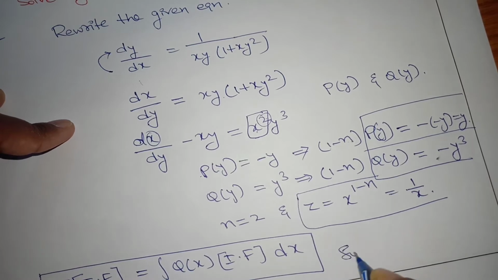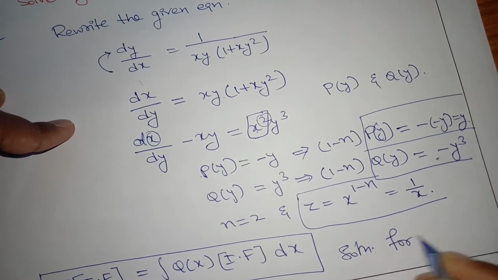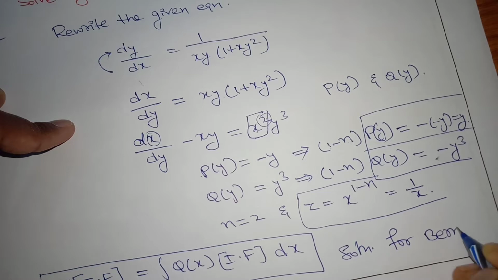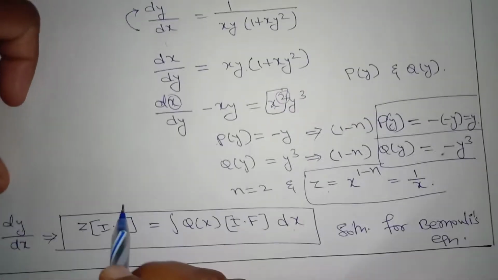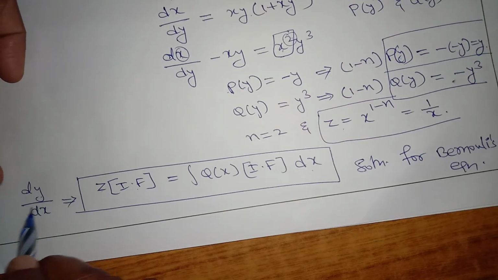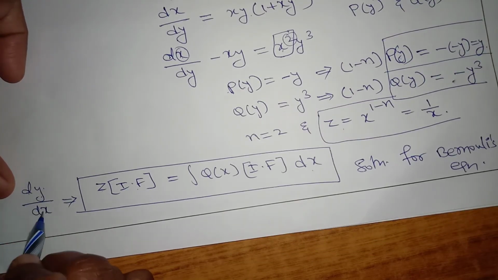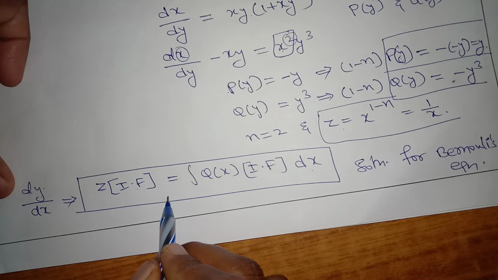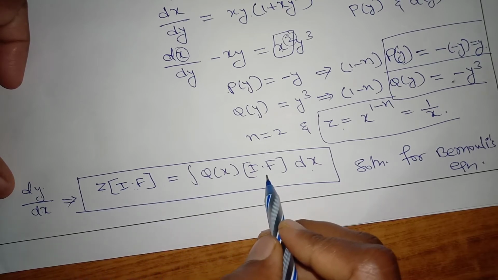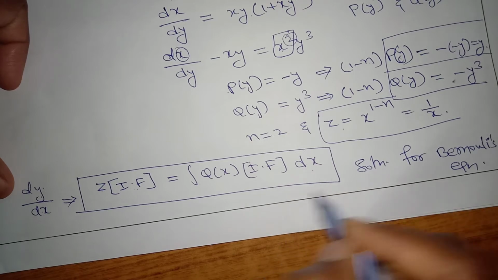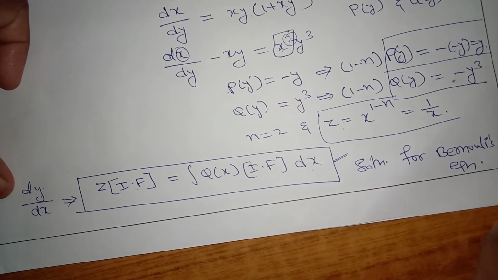This is the solution for Bernoulli's equation. If we have the differential equation in terms of dy by dx, the general solution will be z integrating factor equals integral q of x integrating factor dx.